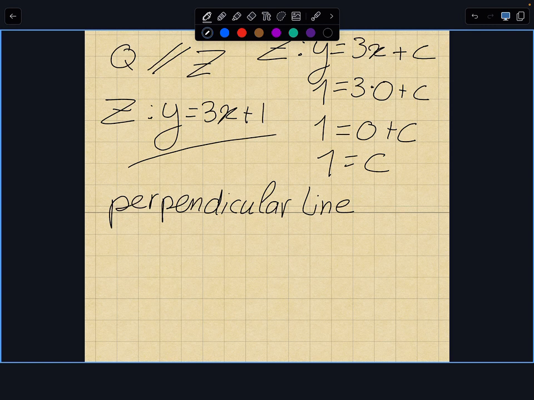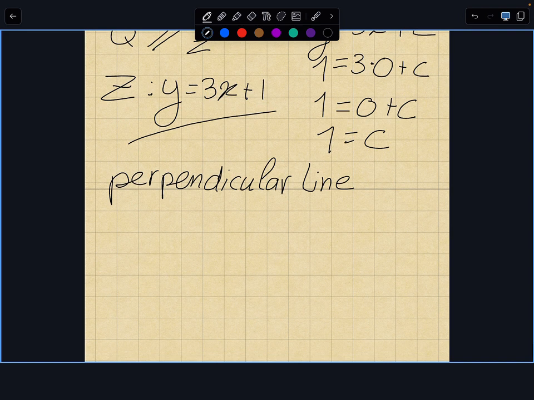What is a parallel line? Same gradient. A perpendicular line means you have two lines which form a 90-degree angle with each other. That's a perpendicular line.